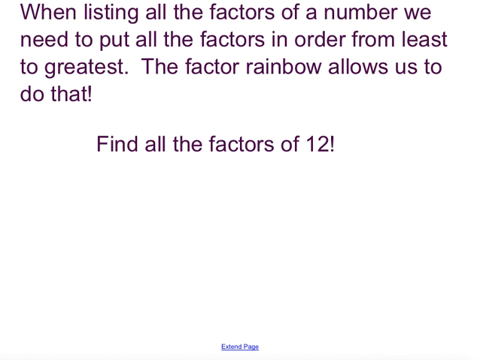Again, 1 times 12. So we're going to put the 1 here. That's the lowest factor, but 12 is the highest factor. So I'm going to put it all the way at the other end. Think of the other end of the rainbow. So I have 1 here, so 12 is going to go at the end.